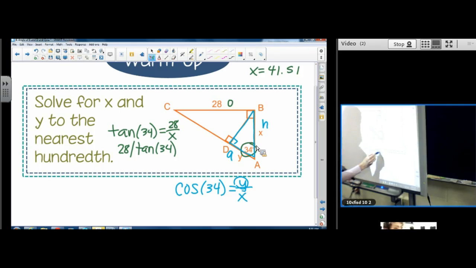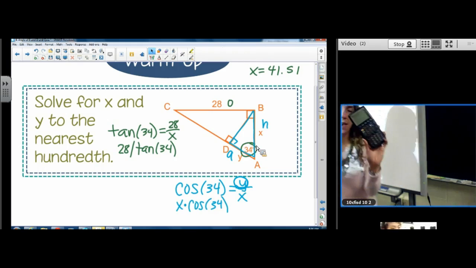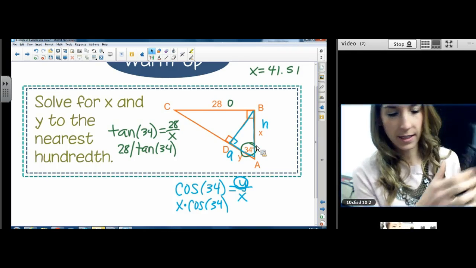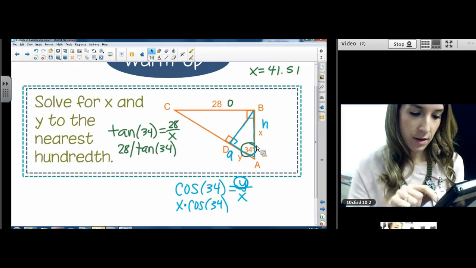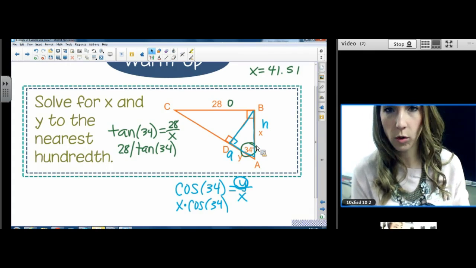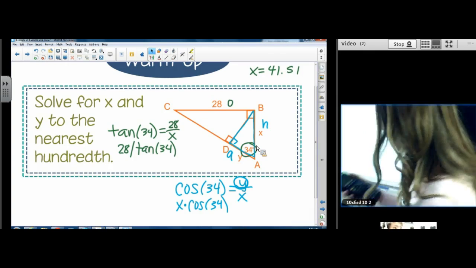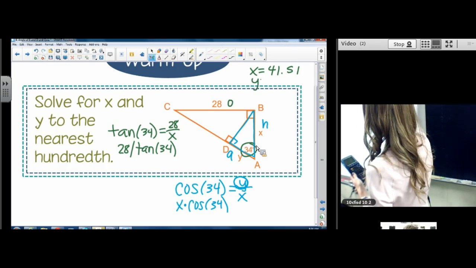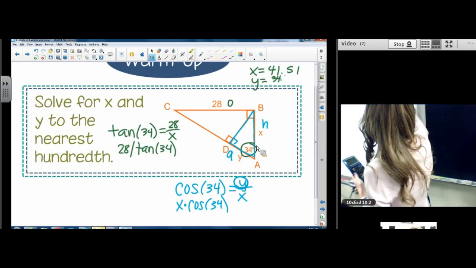We're looking for y. Y is in the numerator, so we're going to multiply. So we keep that number that was hanging out in our calculator, and we just press times cosine 34. So that way we use the whole number, the exact number. And we get y is 34.41.